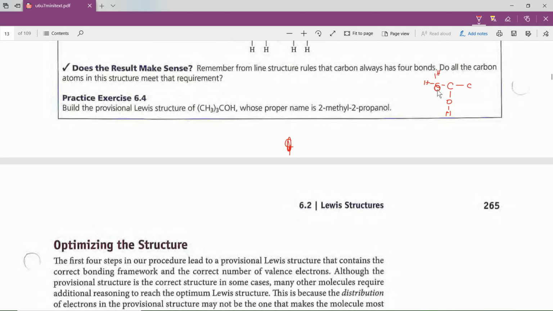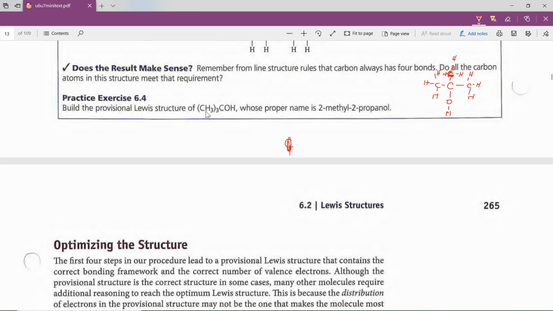I'm going to have 1, 2, 3, 1, 2, 3, and so I'm going to have another CH3 group that I need, don't I? I missed that one. So I got C, CH3, there we go. So, you know what? What I did there is 2-methyl-2-propanol. No, actually, that's right.